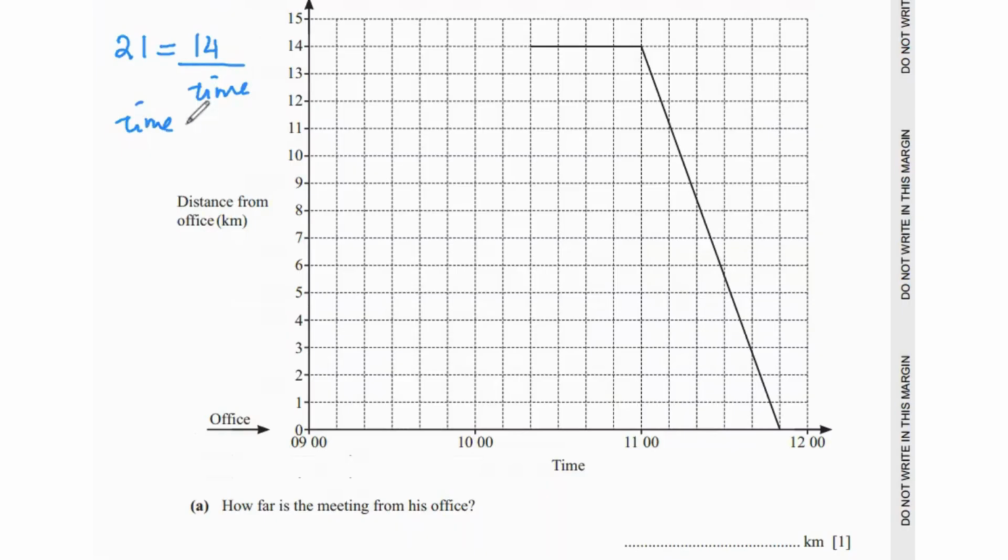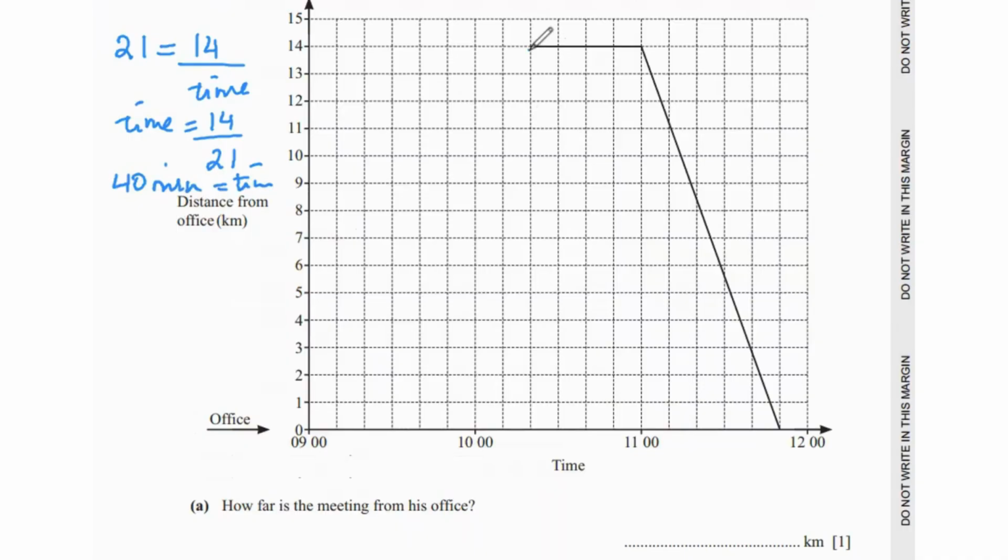So we do 14 divided by 21, which is 0.6 recurring. So if I times it by 60, that's 40. So 40 minutes is the time it took him. So it will take him 40 minutes to go from the office to the meeting place.